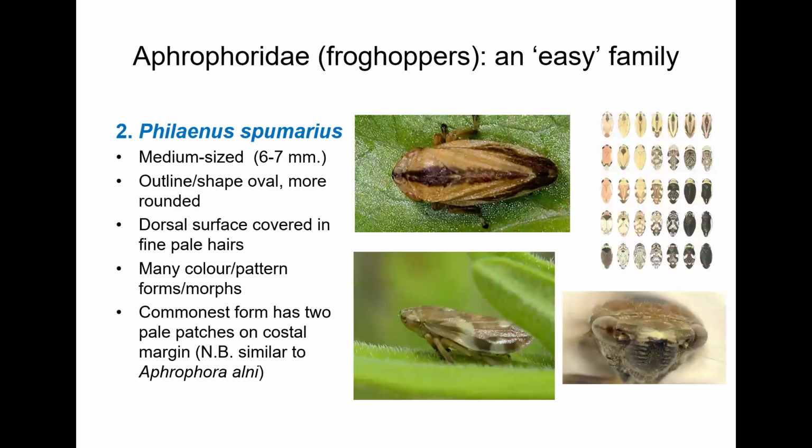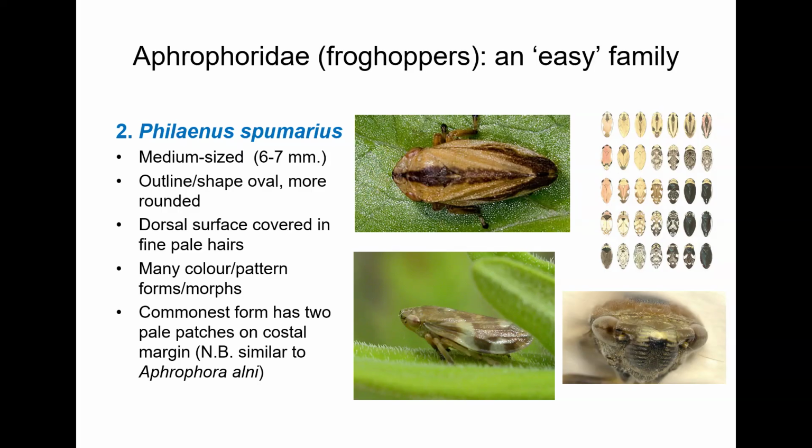The next one is perhaps one of our commonest spittlebugs. This is Phalaenus bimaris, sometimes referred to as the meadow spittlebug. Medium sized, slightly smaller than the previous one, more of an oval outline rather than a diamond-shaped outline. This time, though, the whole of the dorsal surface, the wings and the head and thorax and so on, is covered with, you can't see them in this picture, tiny, tiny pale white hairs, which is different from the previous species.